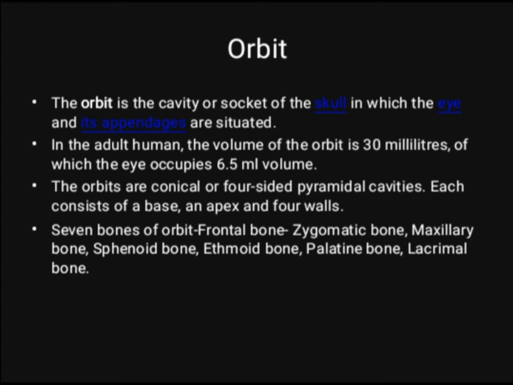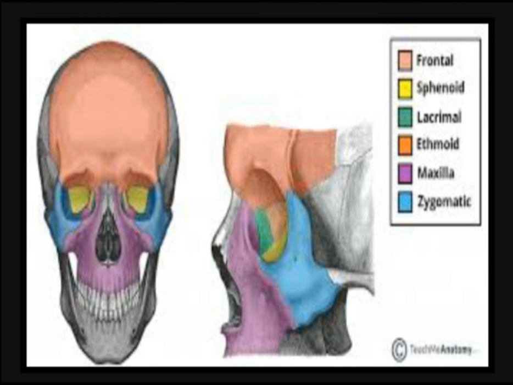The orbit is a conical, four-sided pyramidal cavity. It has a base, an apex, and four walls. So it's not basically a circular structure. There are seven bones present in an orbit, which you can see in this diagram.